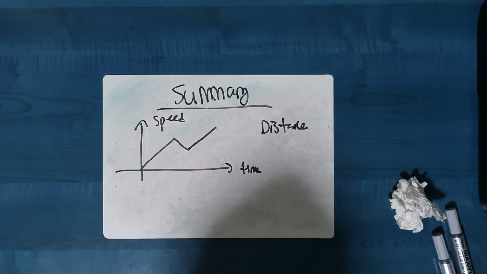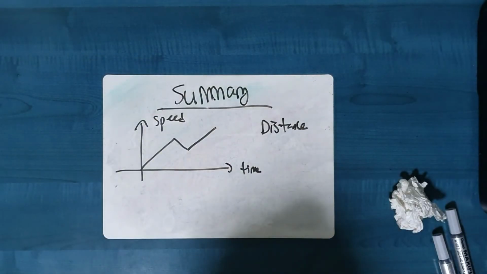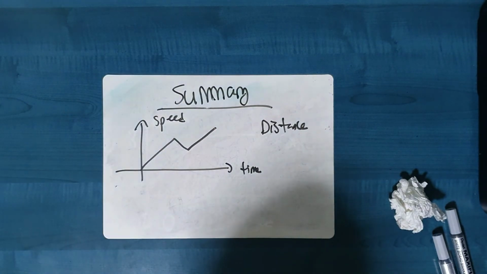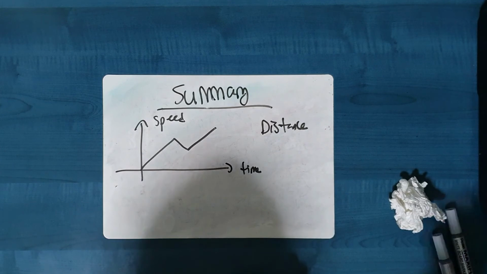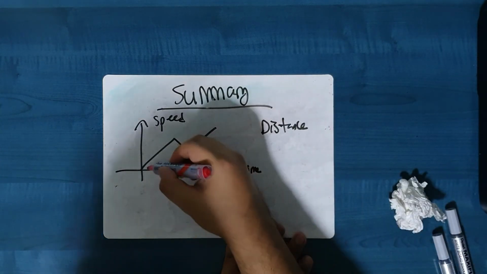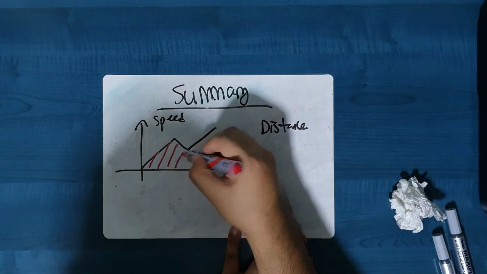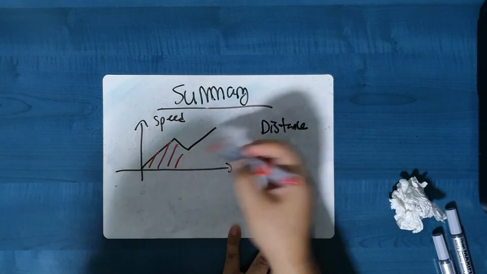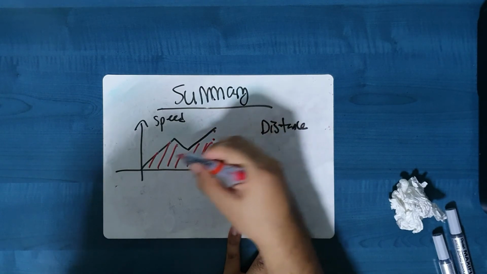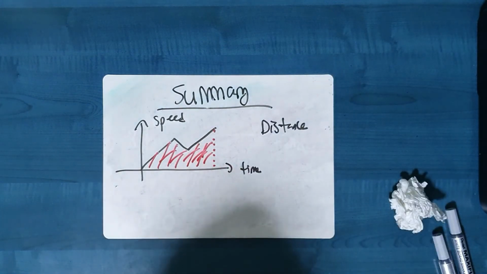So, to summarize, in a speed time graph, we know that the gradient represents acceleration. And if I want to find distance, the distance is simply the area between the lines and the x-axis. So it's the area of this red region.